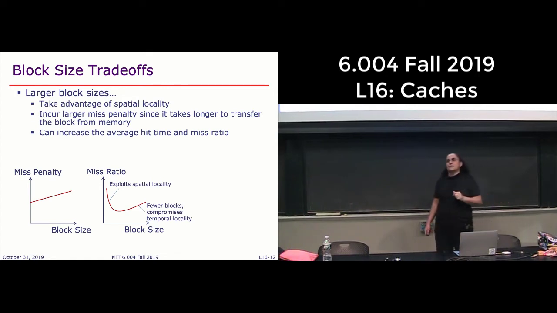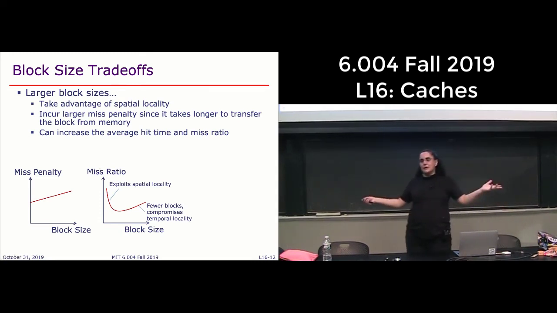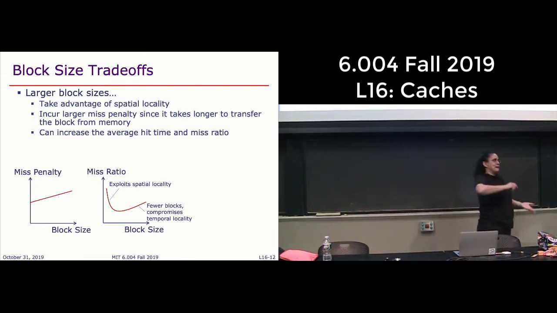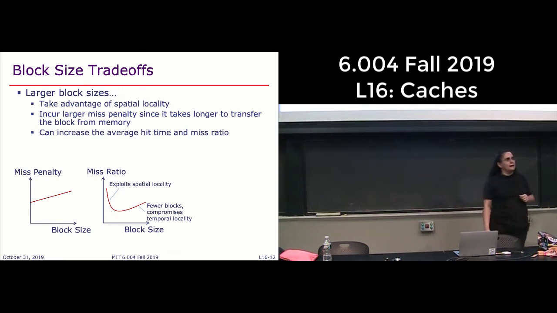What about my miss ratio? Well, as we said, initially, as I'm increasing my block size, I'm reducing my miss ratio because I'm taking advantage of spatial locality. Okay? But if I make my block size too large, then what's going to end up happening is that I don't have enough lines in my cache, and so I'm ultimately going to pay the price in temporal locality, and my miss ratio is going to start to go back up.